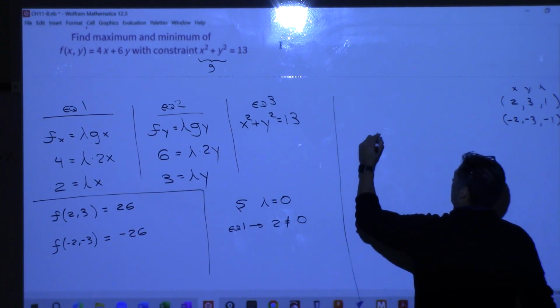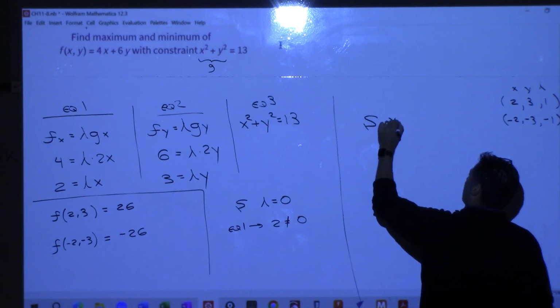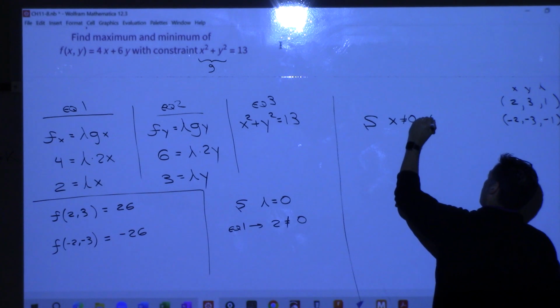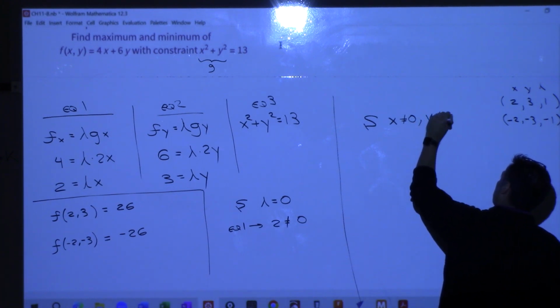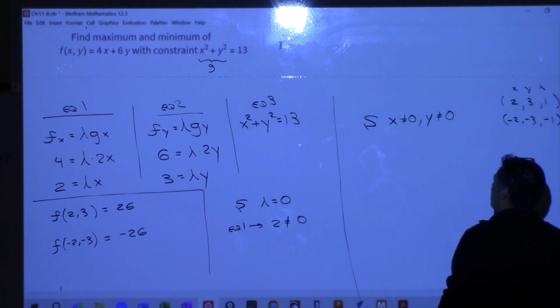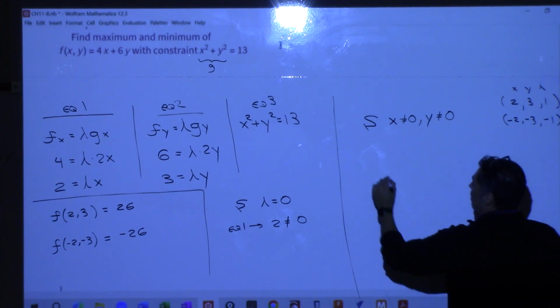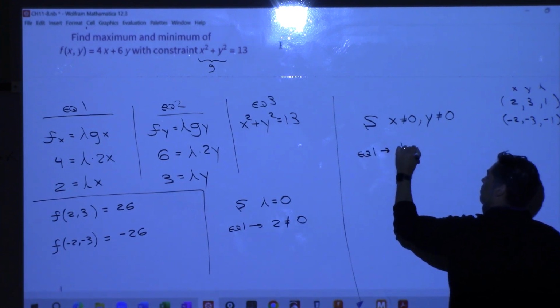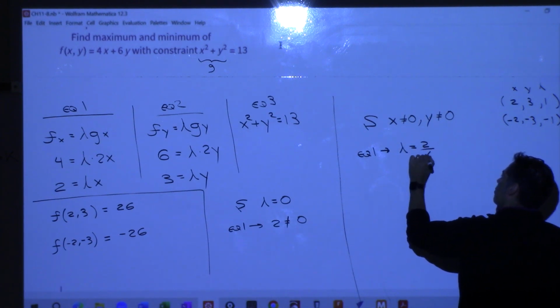So I would have started like this. Suppose x is not equal to 0 and y is not equal to 0, right? Let's suppose they're both not equal to 0. Then equation 1 tells me what? Lambda's 2 over x, right?